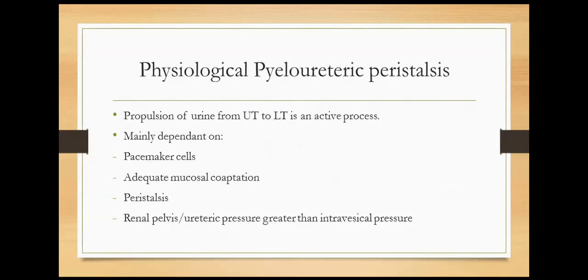Very long. So in terms of your physiological ureteric peristalsis, what's important to note is that you've got propulsion of urine from the upper urinary tract to the lower urinary tract, and this is an active process which is mainly dependent on your pacemaker cells, which are set in the pelvicalyceal system, and these are your interstitial cells of Cajal. This also depends on your elongated calcium channels, which initiate the depolarization process, which is set very low, to start the peristaltic movement.